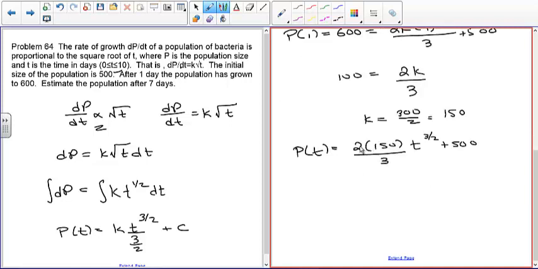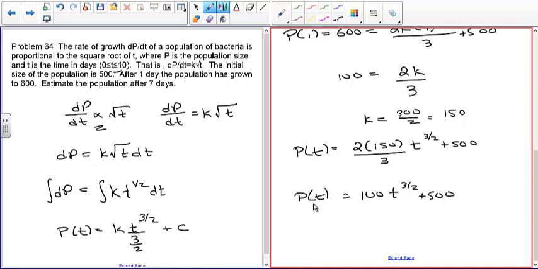And then we can simplify that. 2 times 150 is 300, divided by 3, you get 100 t to the 3/2 plus 500. That's P of t. So now that's my particular solution with k known. k is 150, but in this final solution we multiply by 100 because of the 2/3 thing.